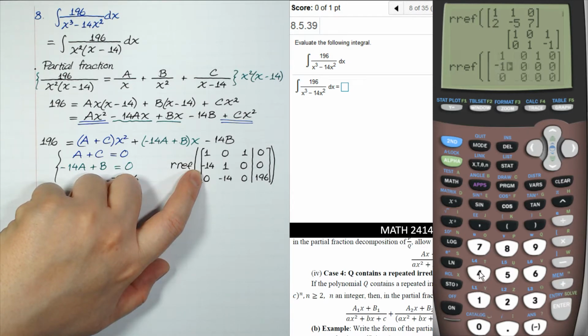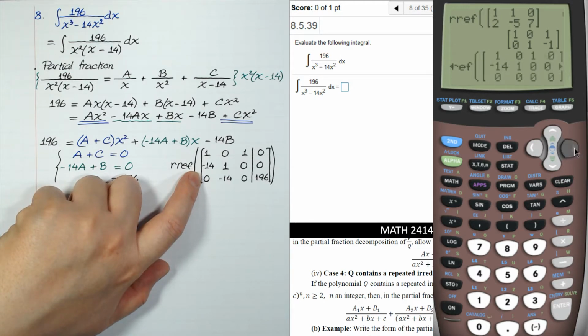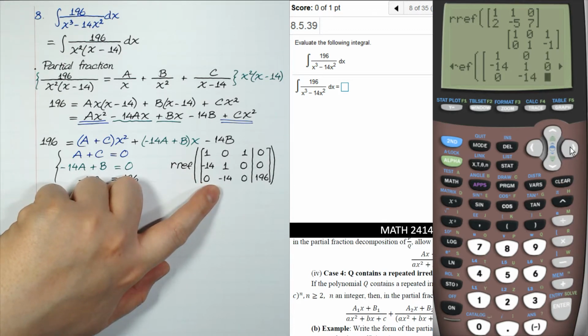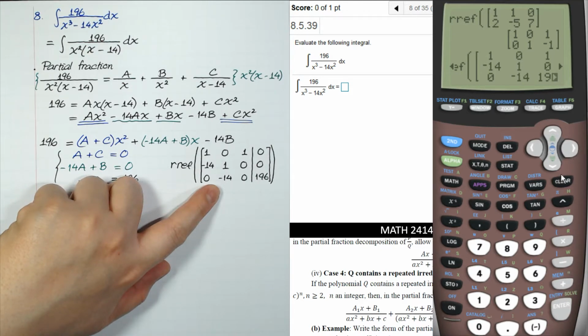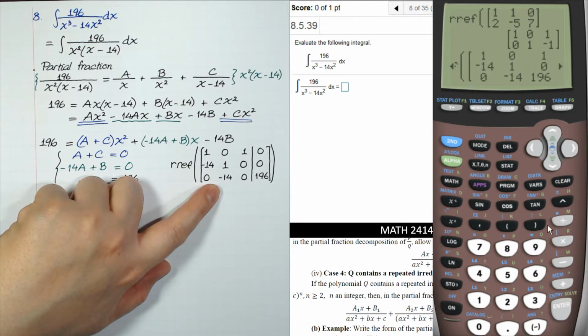Negative 14. 1. Negative 14. This we just do by hand, probably faster than using the calculator.